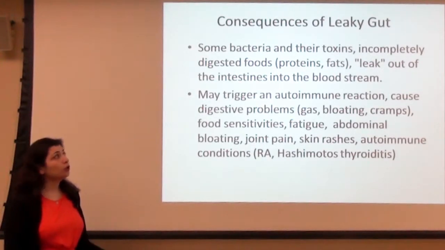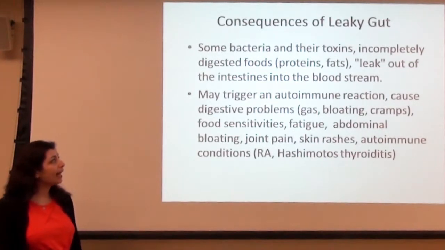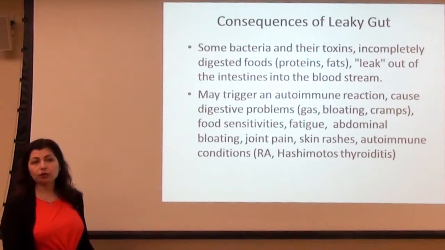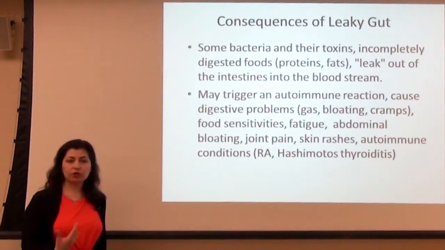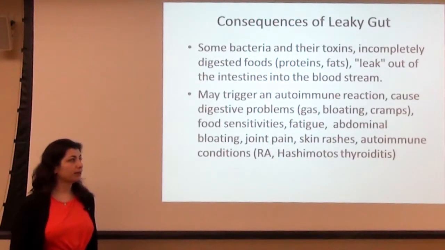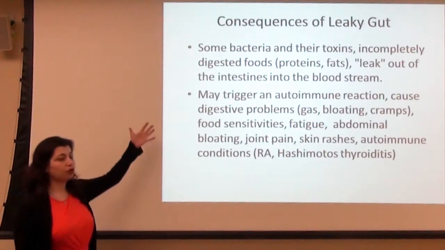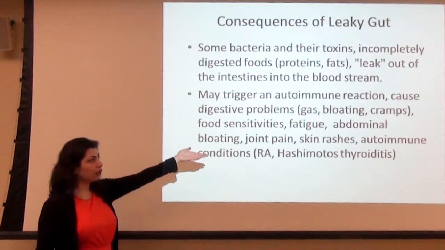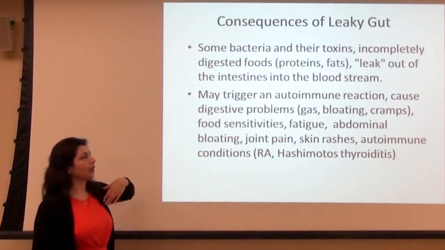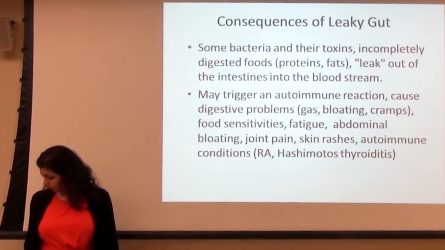So the molecules could be bacteria, it could be undigested foods like proteins and fats, and then for some people it could trigger autoimmune reaction, like we think that potentially rheumatoid arthritis or lupus or colitis, those could be related to leaky gut. So a lot of times we address leaky gut to address autoimmune disease, but it could just even be general allergies like skin rashes, joint pain, bloating, generally feeling fatigued or having mental fog. They could all be related.